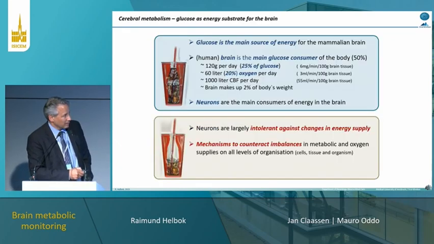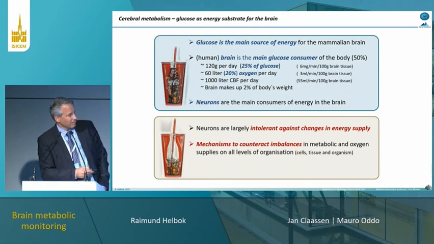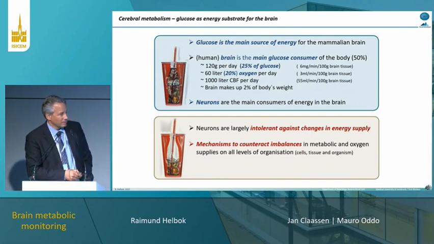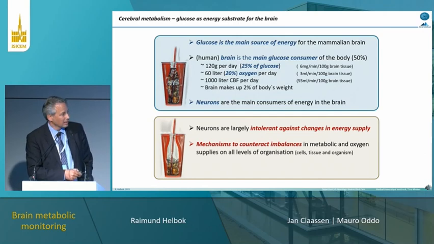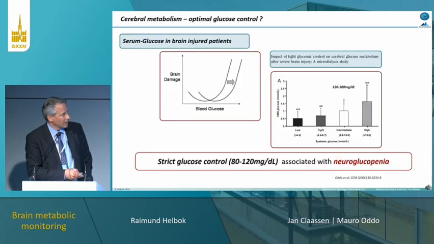We know that the brain needs oxygen. I talked about that before, and it's very sensitive to changes of glucose in the blood. And there are also signals from animal data that more glucose or more nutrients are needed in the brain, especially in the situation of the damaged brain.